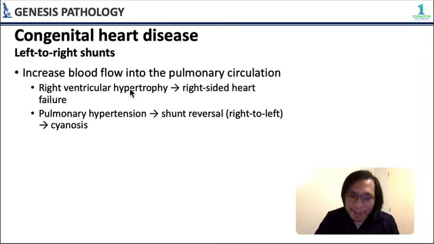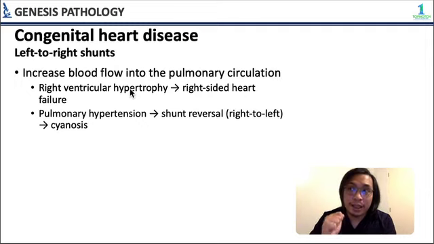Now, in this case, may pulmonary hypertension ka, your right ventricle has to overcome that pressure, and the adaptation would be hypertrophy. So remember your adaptations, hypertrophy, hyperplasia, etc. That's not really part of our lecture. So, right ventricular hypertrophy could be beneficial until to the point na magkakaroon na siya ng right-sided heart failure.